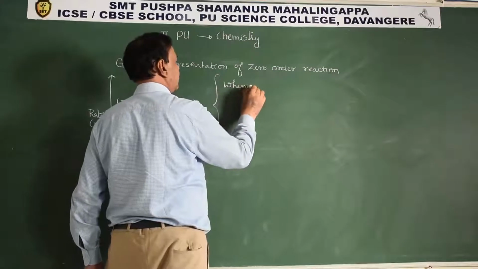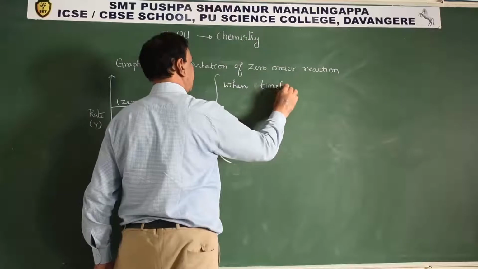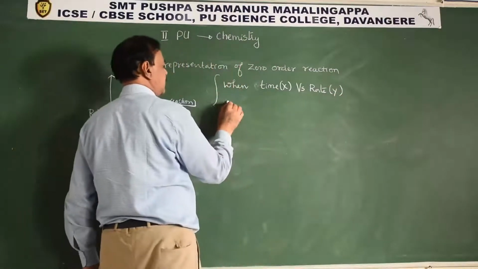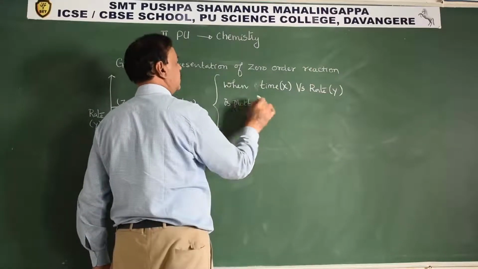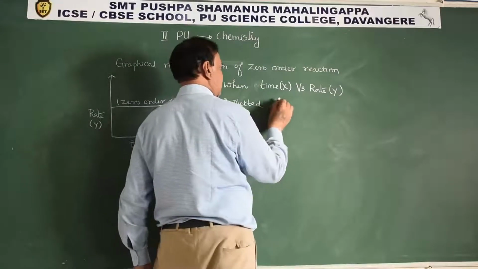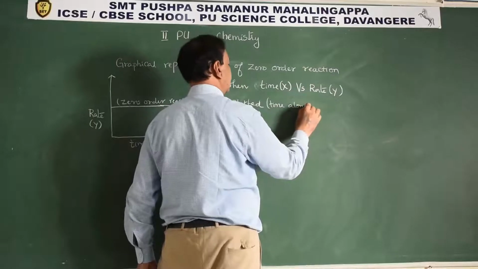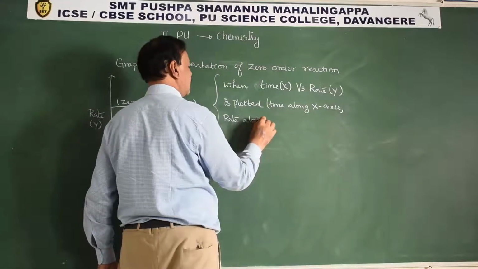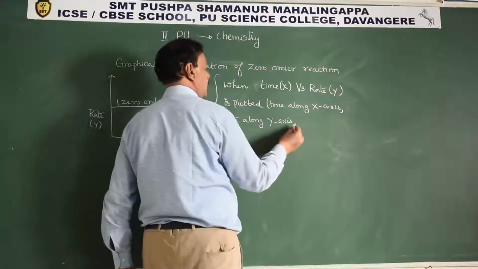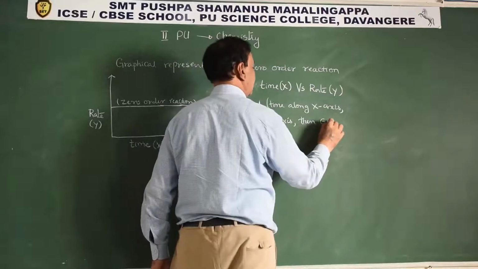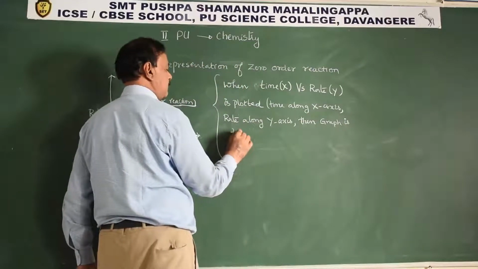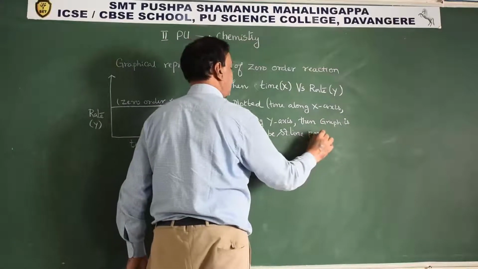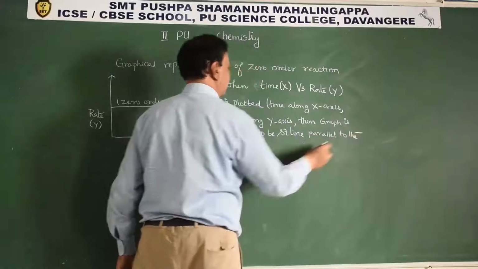Therefore, now what is the inference? When time versus rate of a chemical reaction is plotted, with time along the x-axis and rate along the y-axis, the graph is found to be a straight line parallel to the x-axis.